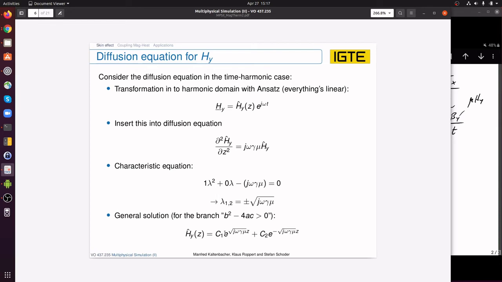The first is e to the power of the plus branch, and the second one e to the power of minus this square root. So we have two branches, two fundamental solutions, and the general solution is the simple addition of both fundamental solutions scaled with some constants.